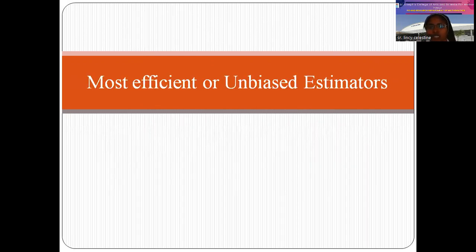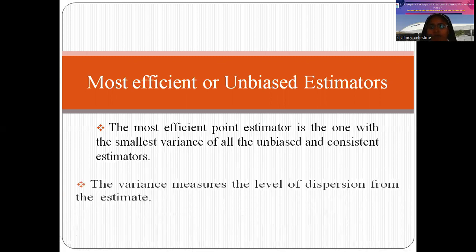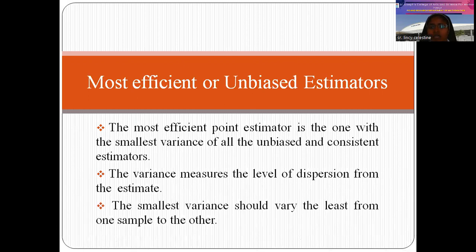Next, we are going to see most efficient or unbiased estimators. The most efficient point estimator is the one with the smallest variance of all the unbiased and consistent estimators. The variance measures the level of dispersion from the estimate.